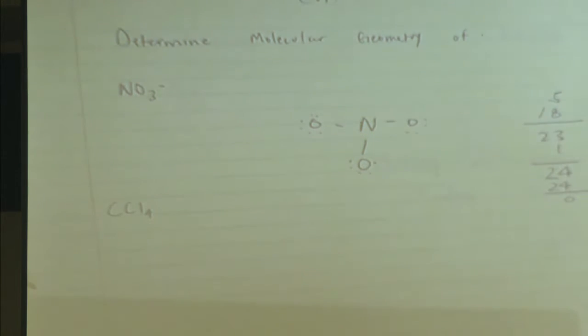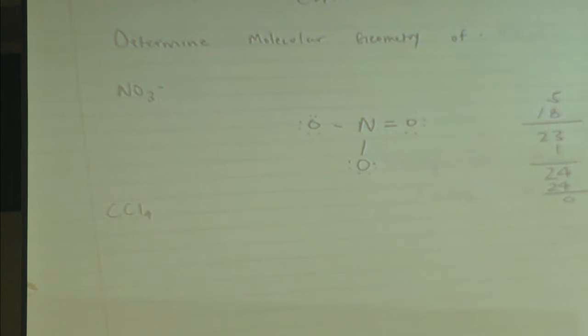What's wrong with this structure the way it is? I'm sorry? Awesome. So how do I give it a full octet? Yeah, we're going to delocalize. Does it matter which oxygen? No, we're just going to take these electrons from this oxygen and turn it into a double bond.